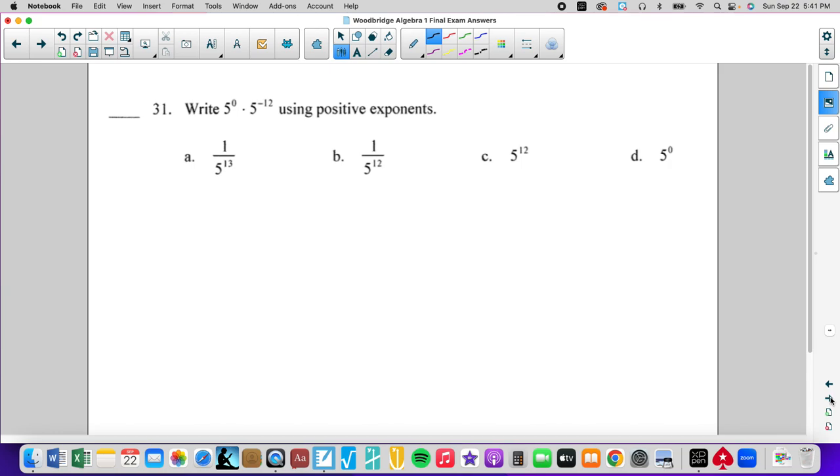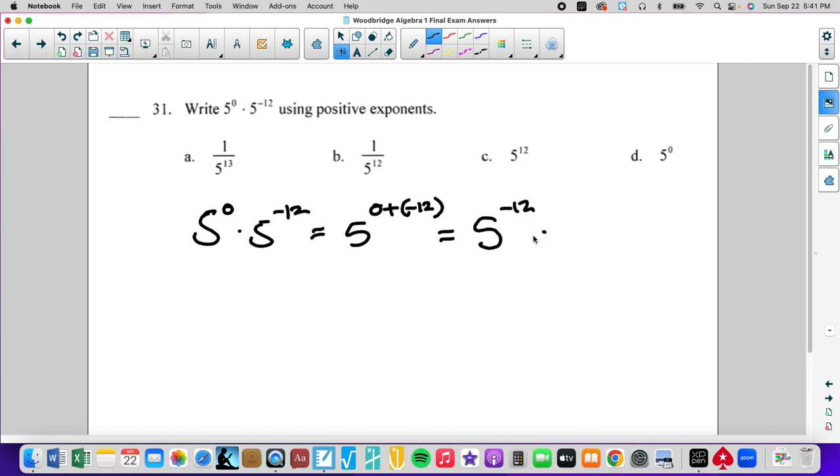31, we're going to write using positive exponents. Well, we have 5 to the 0 times 5 to the negative 12. Since we have like bases, we are going to add their exponents, and that would be 5 to the negative 12.